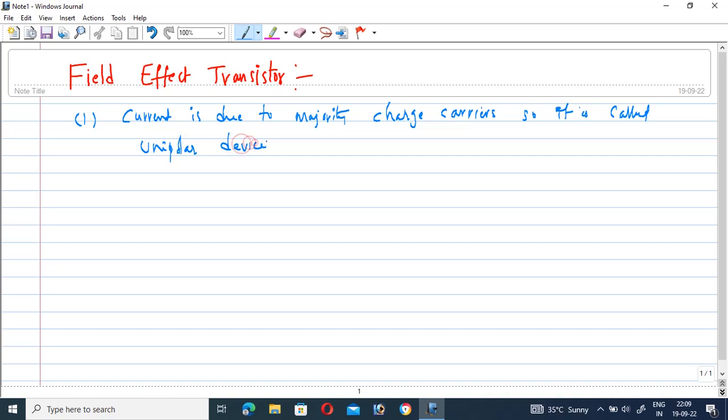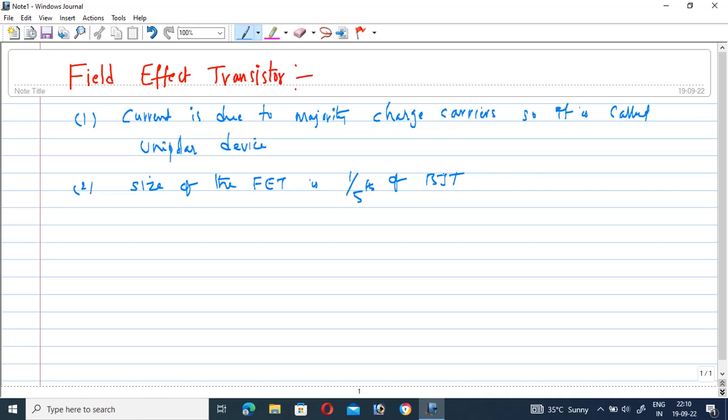One more difference in the field effect transistor compared to the bipolar junction transistor is that the size of the FET is 1/5th of the BJT. So more field effect transistors can be fabricated on a single semiconductor die compared to BJTs.